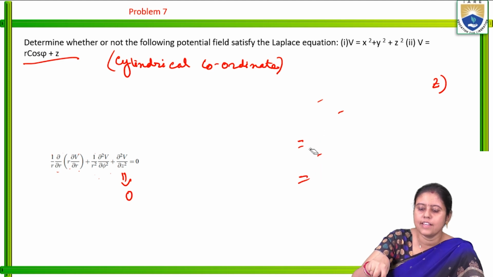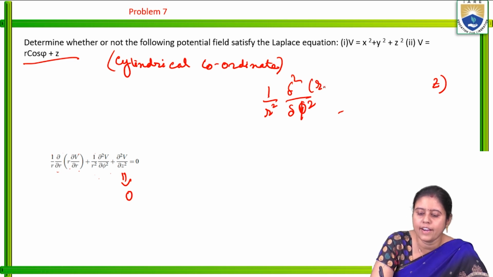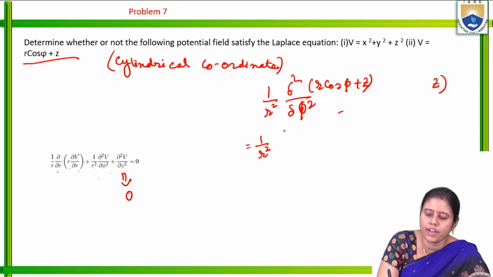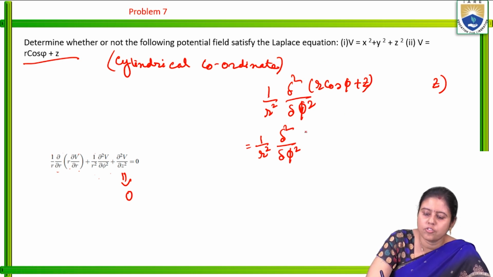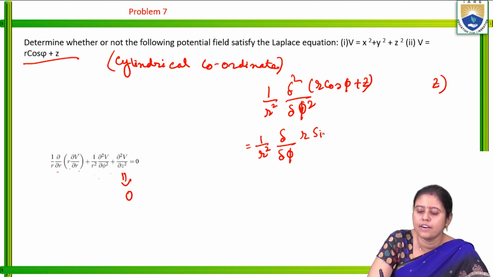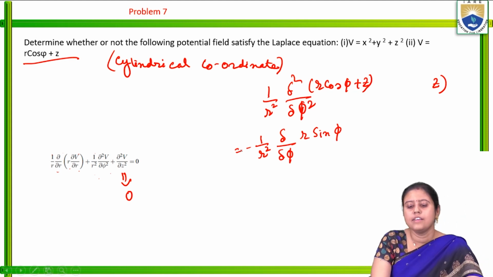Next we will move to the second one. The second one is 1 by r square del square V by del phi square. In the place of V we will write r cos phi plus z. z is a constant term, so it will be 0. So it will be 1 by r square del square by del phi square of r cos phi. First we differentiate one time: cos phi gives minus r sin phi.